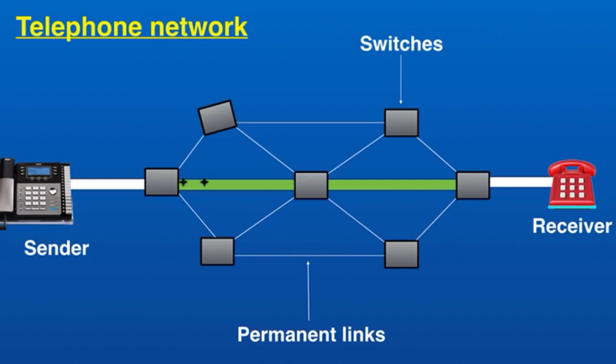Once the message is delivered to the receiver, the source informs the network about the completion of transmission, and all the switches are released. Both the caller and the receiver hang up their phone. Let's take another example.